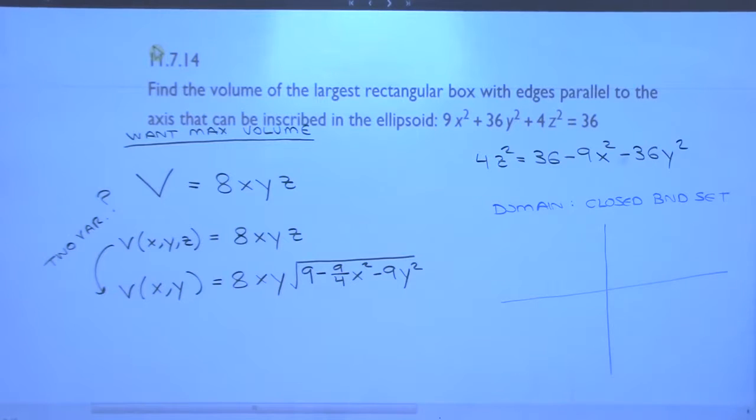In 2D, how do I get it? Solve for, how do you mean solve for y?